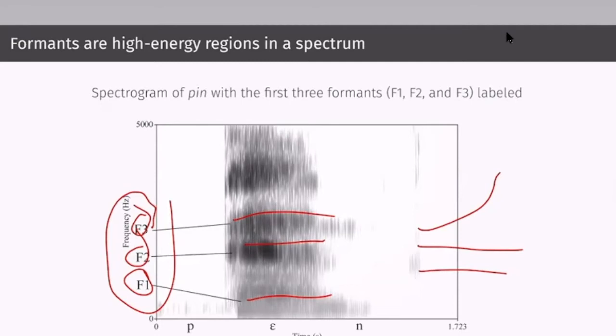You're going to record words that have all of the different vowel sounds in that language. And then you're going to extract the formants. You're going to make spectrograms and extract the formants for each of those vowels.